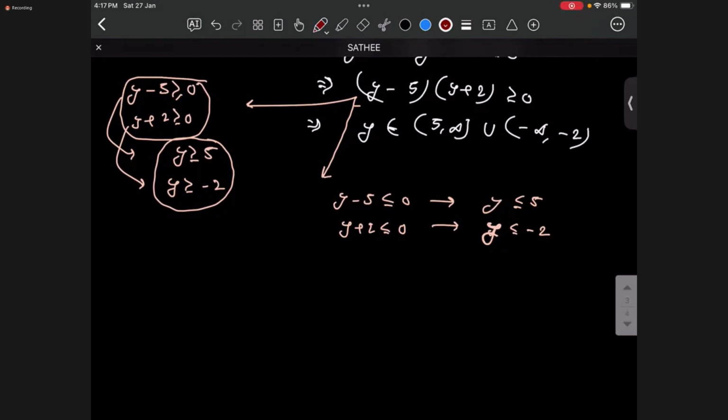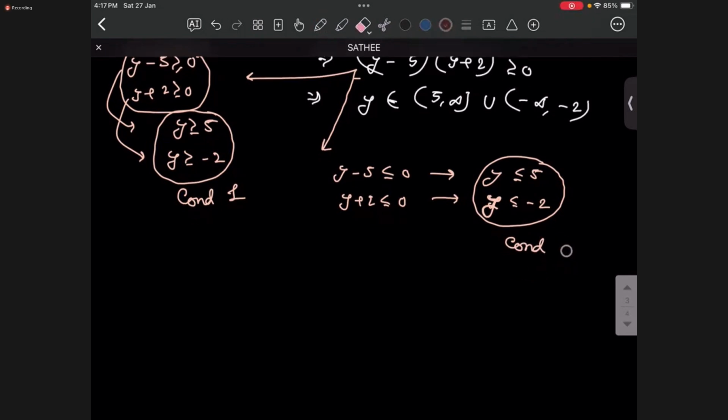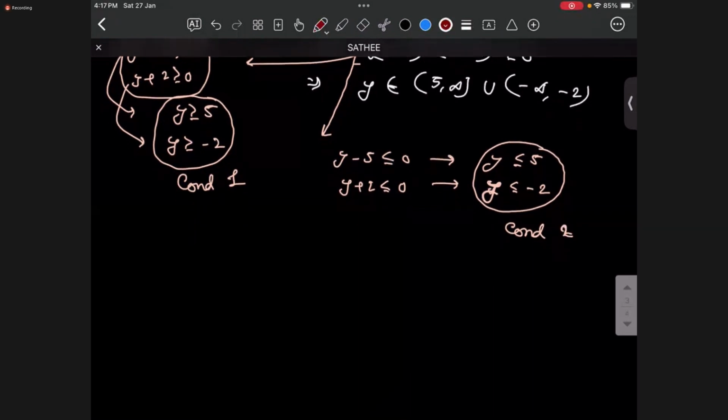Okay. Now we got two different conditions. This is condition 1, this is condition 2. Now from condition 1 and condition 2, you can clearly see that whenever y is greater than or equal to 5, it must be greater than or equal to minus 2. And whenever y is less than minus 2, it must be less than or equal to 5.